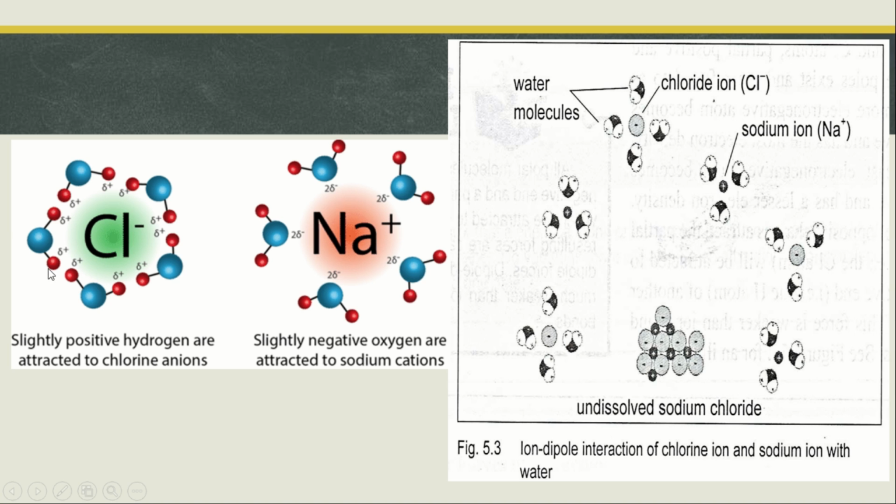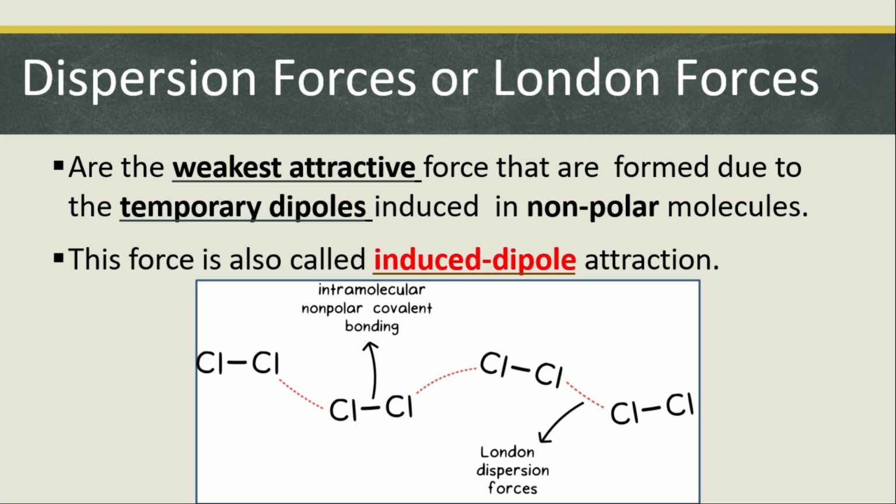That's why it's attracted to the partial positive side of the water molecule. And the sodium ion is positively charged. That's why it's attracted to the partial negative part of our water molecule. Okay, so that is our ion-dipole interaction. Ion-dipole forces are formed between the molecules. Next is dispersion forces or London forces.